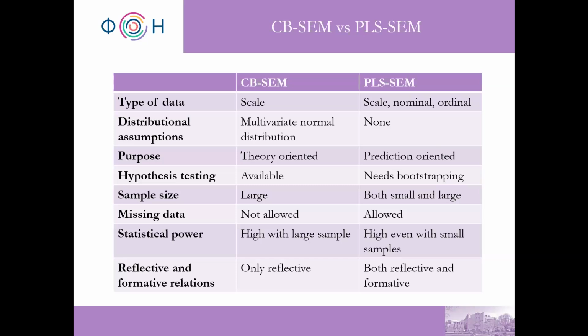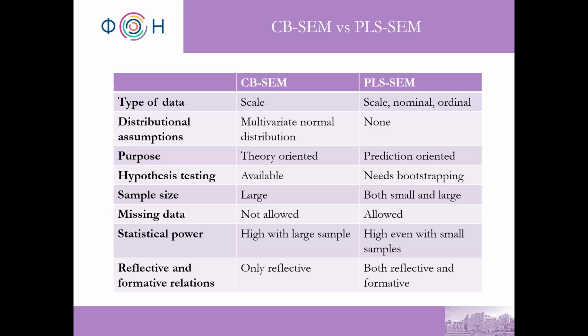If you're using covariance-based SEM, in your output there will be a table with the value of the statistics and p-value, which will help you conclude whether a particular coefficient is statistically significant or not. However, when it comes to PLS-SEM, no such table is available. In order to test the significance of a particular coefficient, bootstrapping has to be conducted.